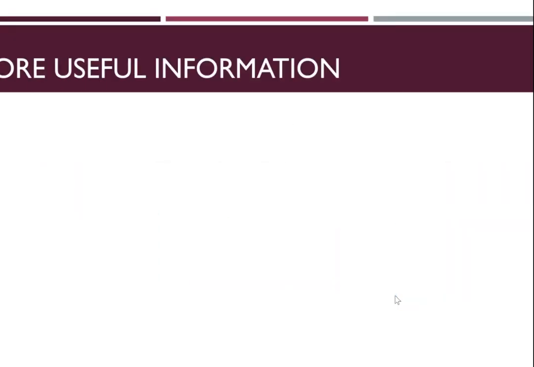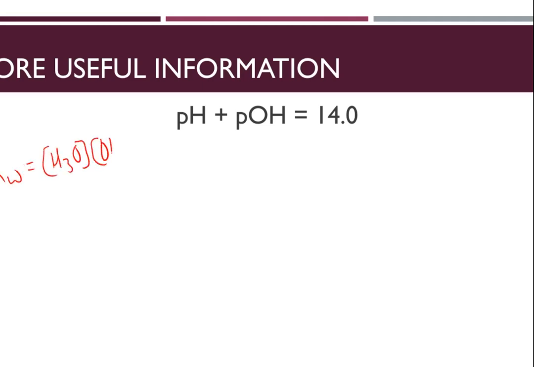So the last thing that we're going to talk about in the slideshow is how we can tie this all together. So there is a relationship between pH and pOH. So much like there is a relationship between hydronium and hydroxide, there's also a relationship between pH and pOH.